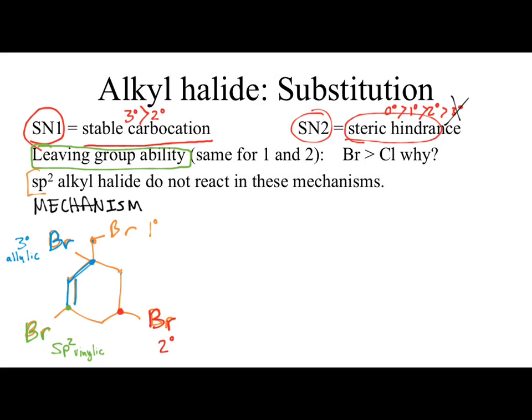You're not officially responsible for that in lab, but you could see an allylic question pop up by me telling you this compound is allylic. It reacts fast in an SN1 mechanism. Why does it react fast in an SN1 mechanism? Okay, so good thought for the one that's blue, but let's change the question.